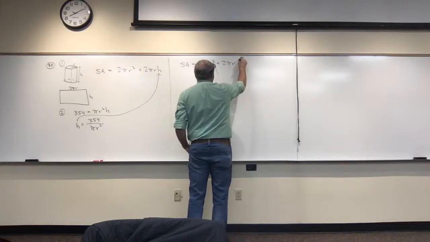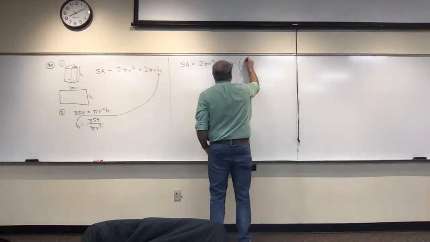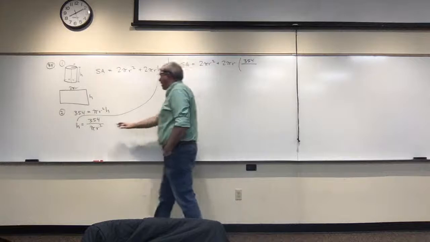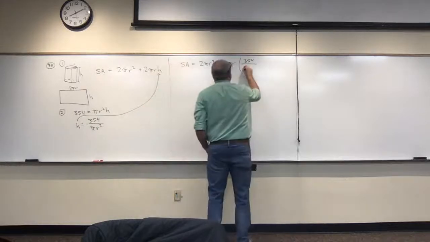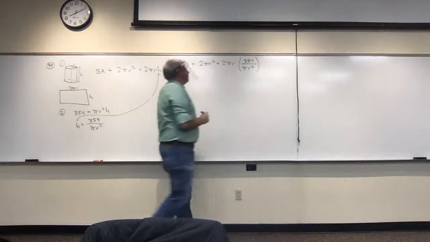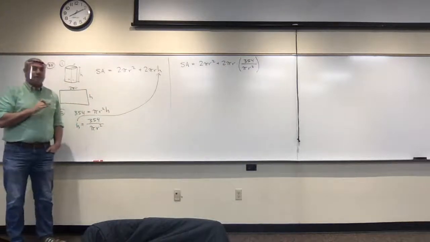But h now I know is 354 divided by pi r squared. So now I have a new formula for surface area.